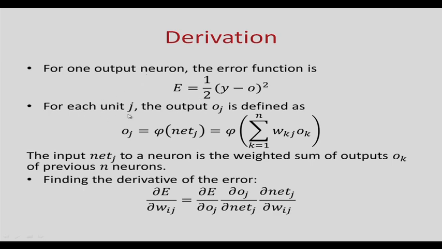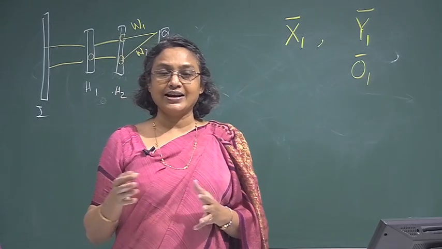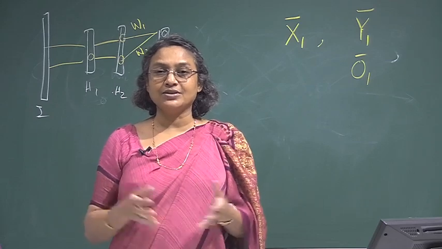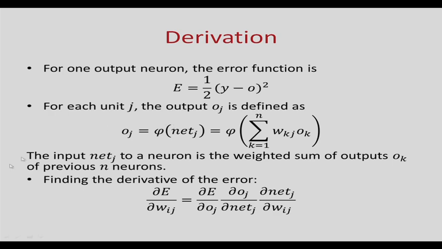Now, for each unit j, the output oj is defined as oj equal to the function phi applied on net j, where net j is the weighted sum of the units at the previous layer. So, net j is sigma wkj ok, and phi is the nonlinear function that we are using.